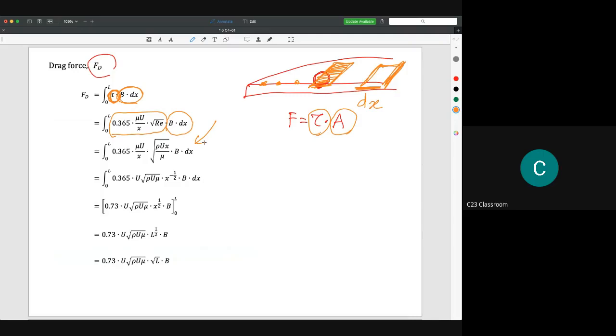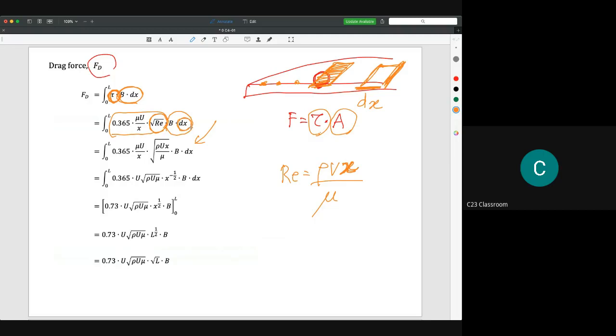In our calculation here, we have the Reynolds number, and our Reynolds number is equal to rho Vx over mu. That means we have terms of x inside our Reynolds number. And if we see our integral equation, we have dx here.